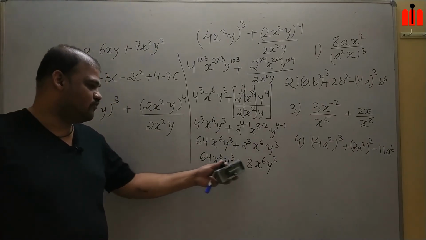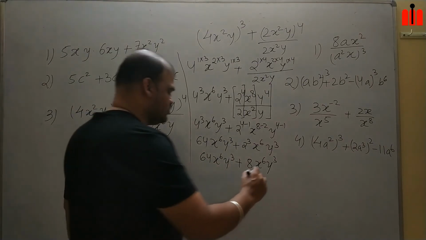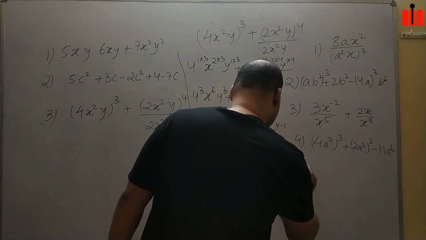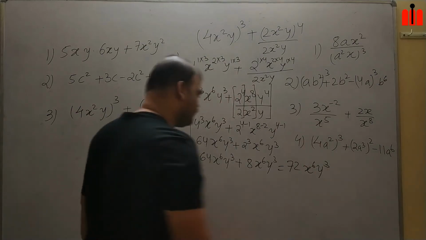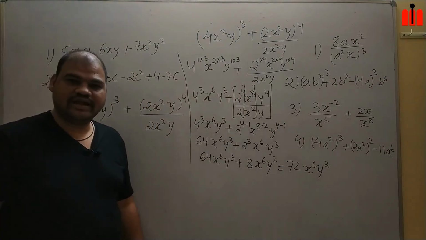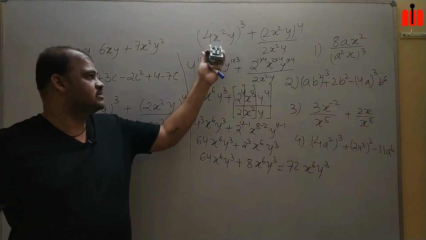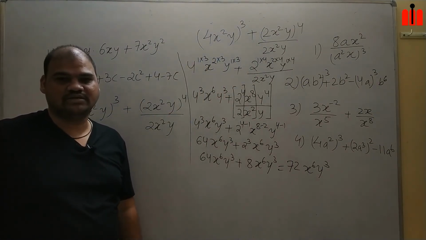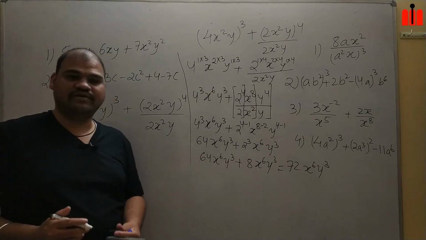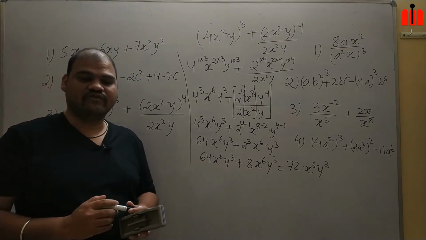Okay, so 64 plus 8, it will be 72. So this is equal to 72 x to the power of 6 y cube. Are you getting it? So the sum of this, by applying the rules of exponents, you will get it as 72 x to the power of 6 y cube.